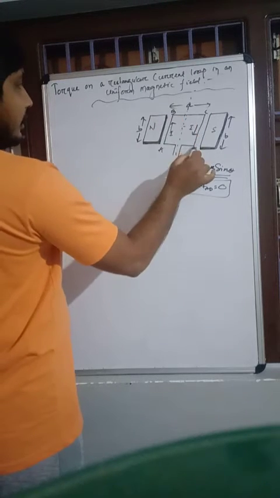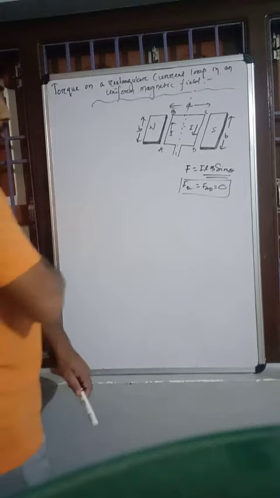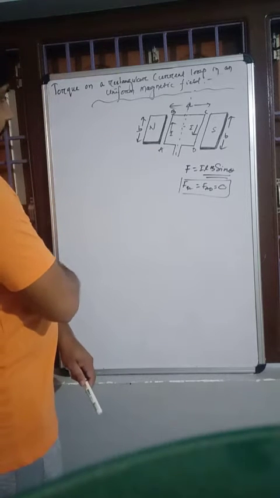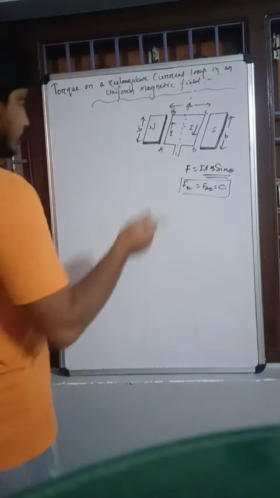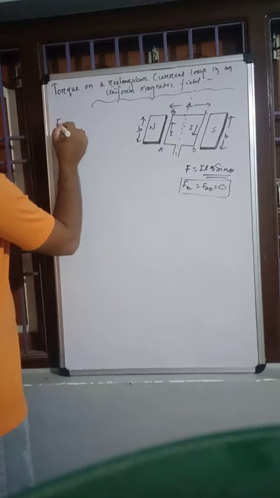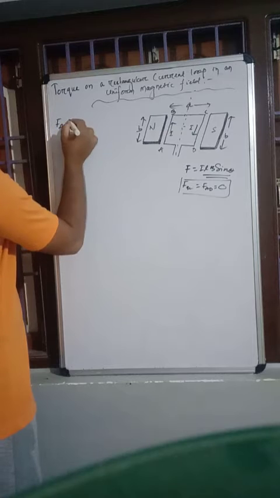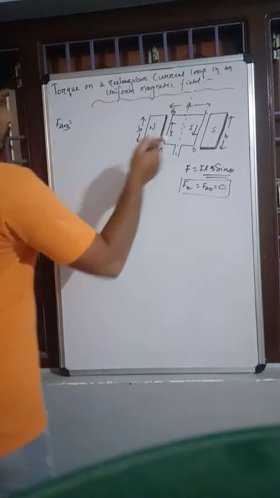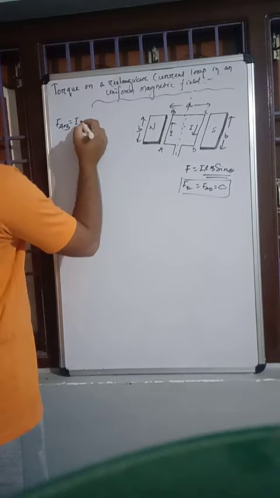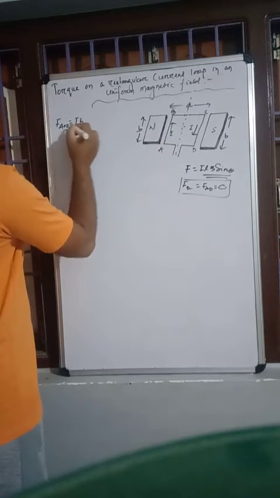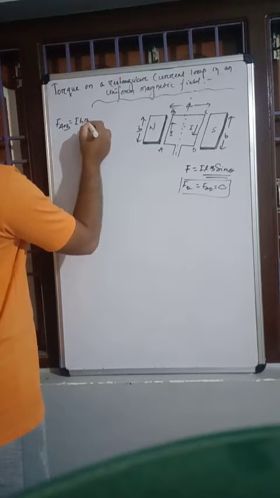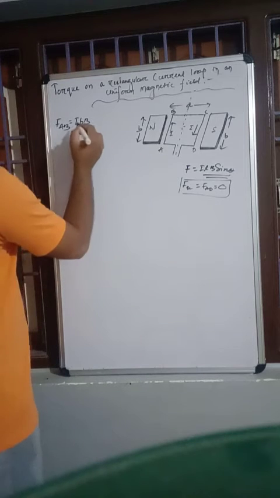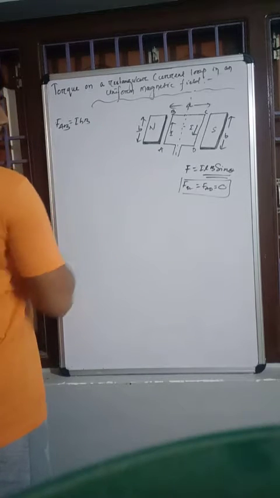One is AB and one is CD. Then we will find out what is the force acting on the arm AB and on the arm CD, and about its direction. So I will write, force acting on the arm AB will be equal to I, length is our b, magnetic field is our B. So the value of the force will be IbB, where b is the length and this B is the magnetic field.